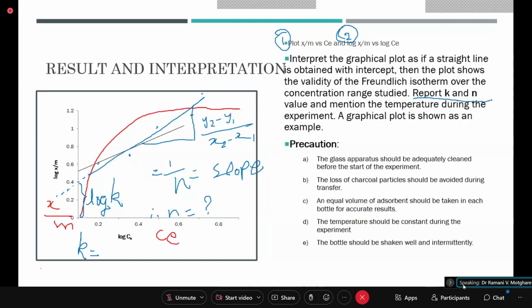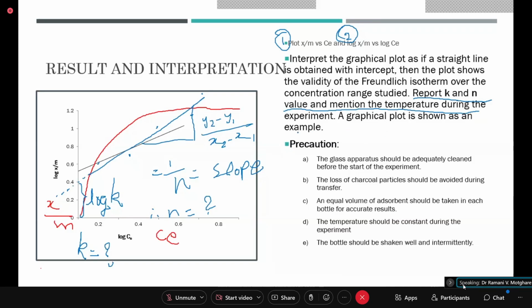You will write: from the adsorption experiment of acetic acid on charcoal, the Freundlich adsorption isotherm was verified or studied, and the values of constants K and N were found to be, whatever values you will be getting for K and N, you will write here.